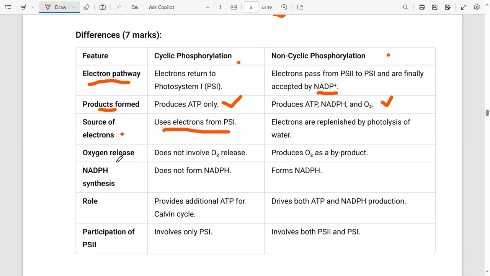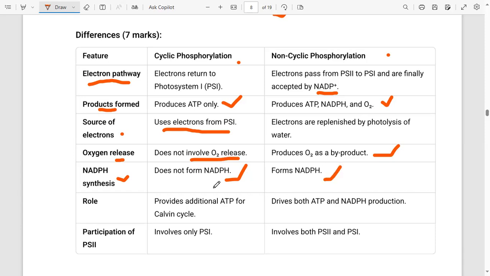In terms of oxygen release, the cyclic does not involve any oxygen release, but in the non-cyclic, oxygen is released as a byproduct. Regarding NADPH synthesis, the cyclic phosphorylation does not synthesize it, but the non-cyclic forms it.